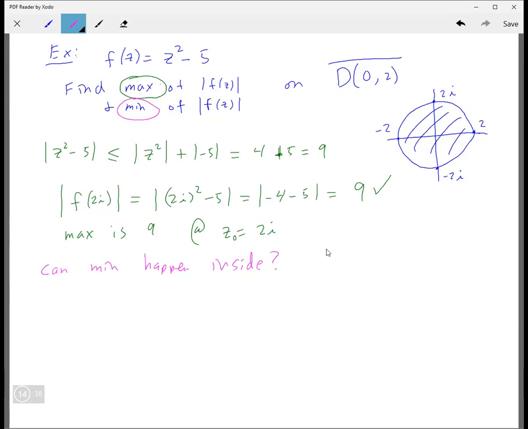So if we set this equal to 0, then we get plus or minus √5, which is outside, right? There's √5 and there's minus √5. Those are the points that give you 0, but they're outside, so it's not going to happen inside. It's got to happen somewhere on the boundary.